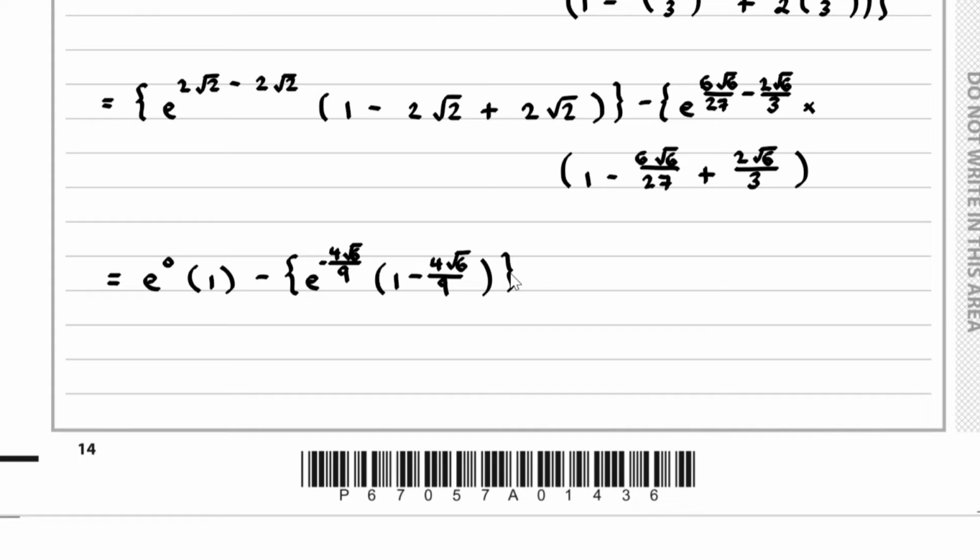And so what we will end up with then is the area equaling 1 minus, then here we have 4 root 6 plus 9 over 9, so that's just combining these fractions, and then we multiply this by e to the minus 4 root 6 over 9. So this is the required area.